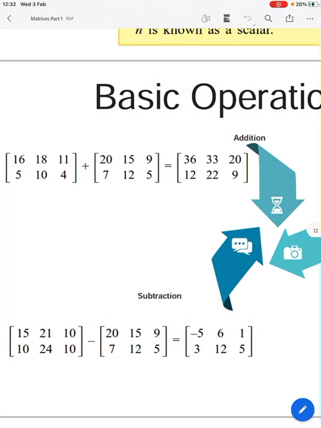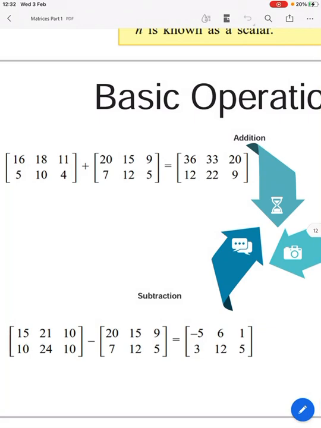You have the brackets and you put the numbers at their respective places. If it's the element of the first row and the third column, just put it in the first row and the third column. Don't put it somewhere else. So that's the simple part of addition and subtraction.